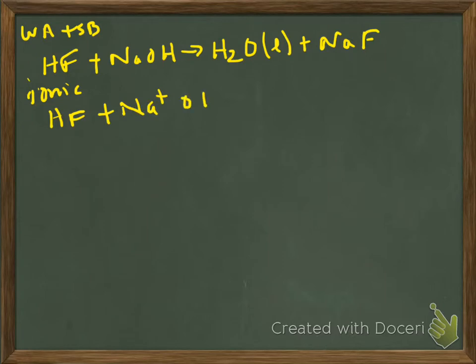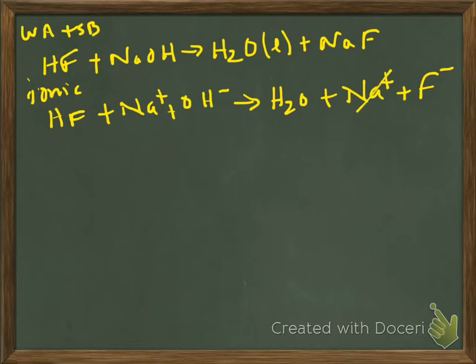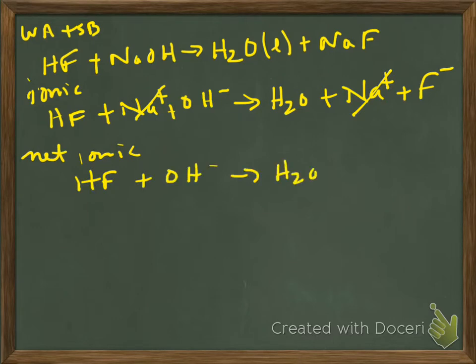Sodium hydroxide is a strong base, so we do break that apart, making water, which is covalent and stays together, plus sodium fluoride, an ionic soluble compound, which we would break apart. So our only true spectator is the sodium ion. Our net ionic equation will be HF reacting with the hydroxide ion, forming water and the fluoride ion.